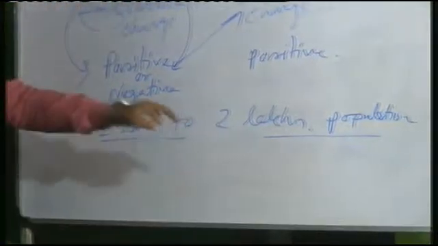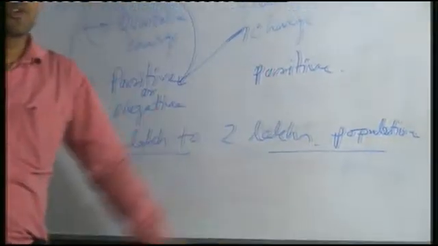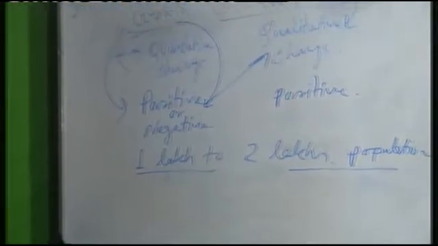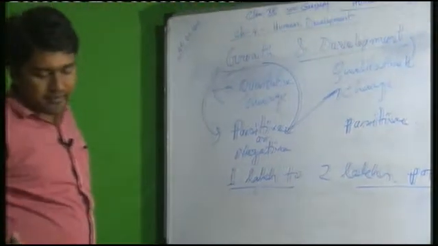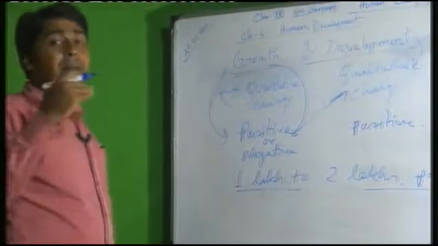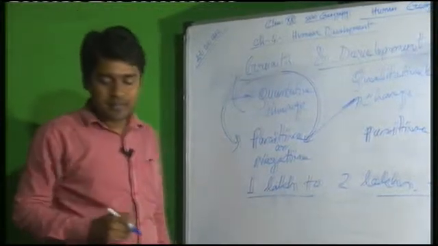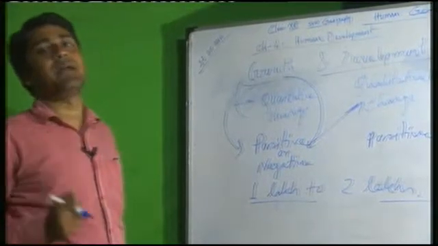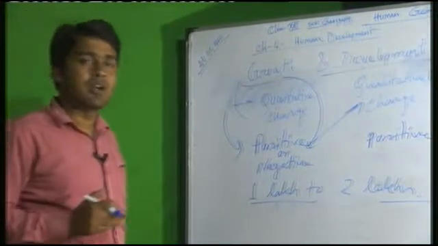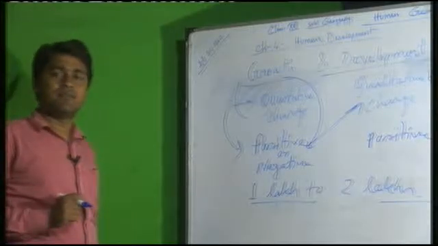From 1 lakh to 2 lakh, the population increases in a city. That means the number of population grows. But we say that the city has grown. However, if facilities like housing, availability of food, their lifestyle, and their basic services stay the same, then at that time we can't say that development also occurred in that city.